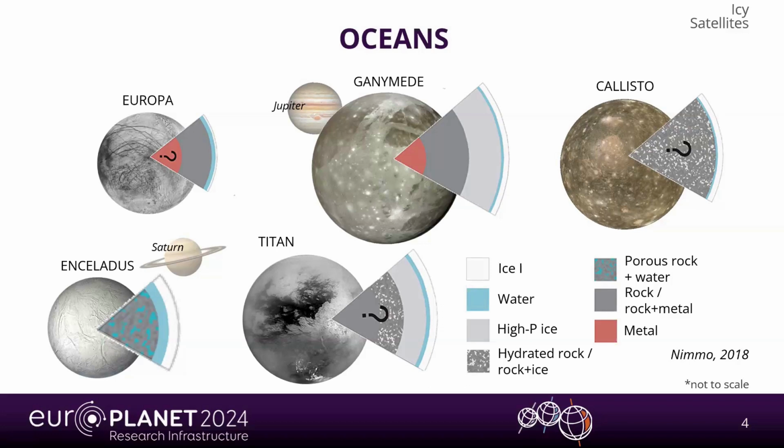Europa, Ganymede, or Enceladus show such oceans, and also other icy satellites that are thought to include an internal ocean, for instance, Callisto or Titan.